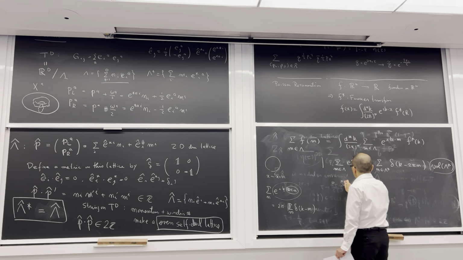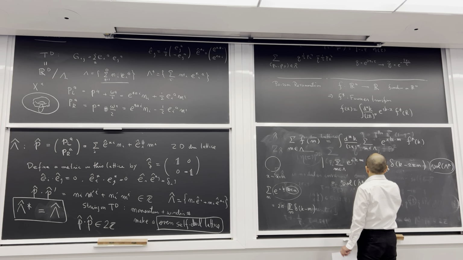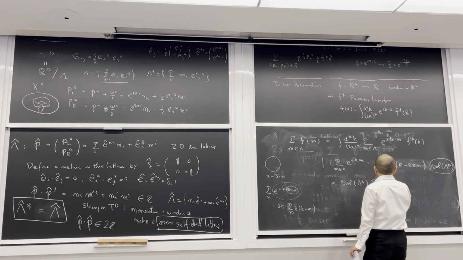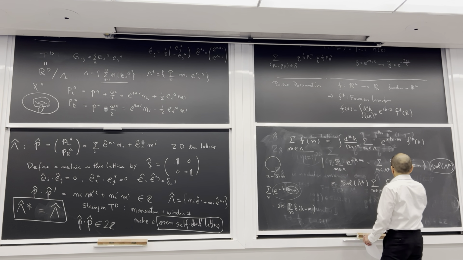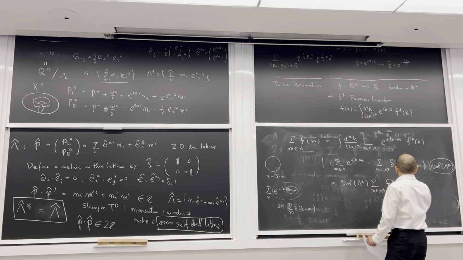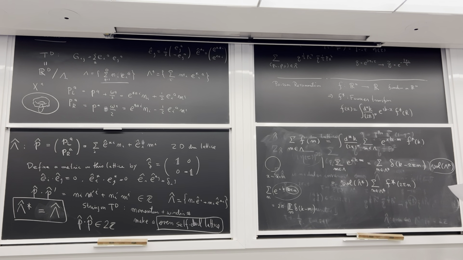So you get the volume of lambda star times the summation over the dual lattice of f star of 2 pi n. So you get this formula.